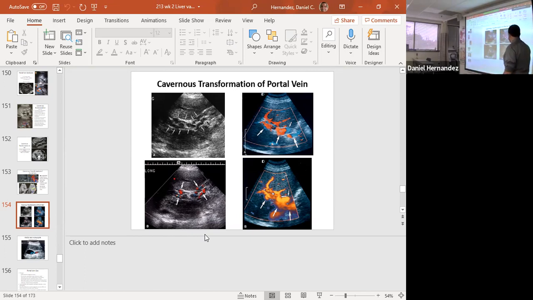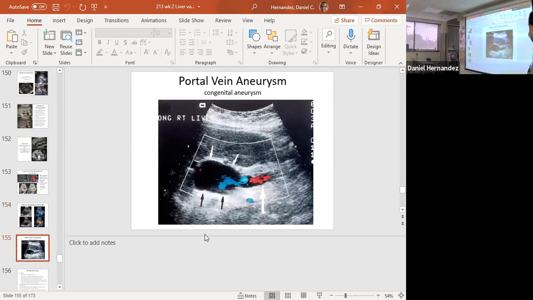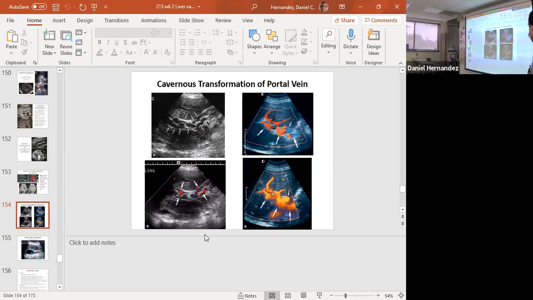When they put powered Doppler on, those anechoic areas were able to fill with color. So again, portal cavernous transformation is a result of long-standing chronic portal vein thrombosis. We don't have a discernible main portal vein at this point because it's become fibrotic and replaced by these collateral channels.